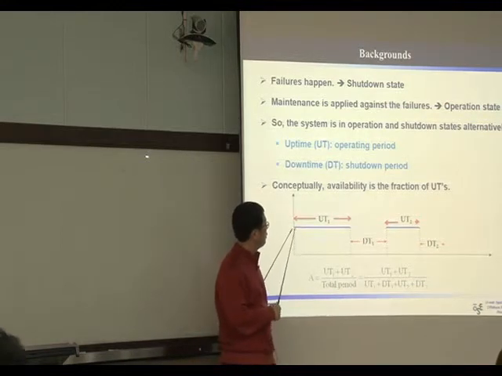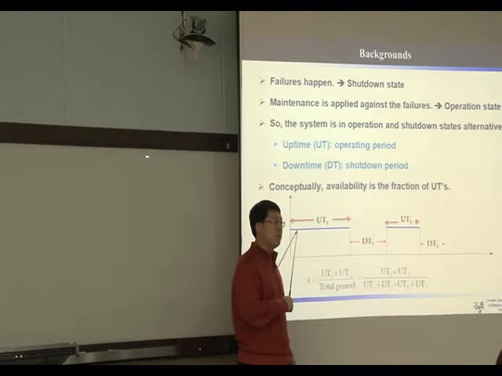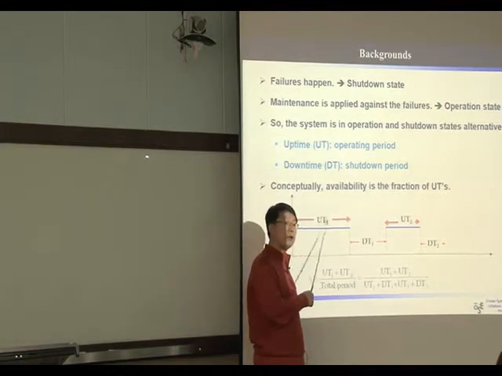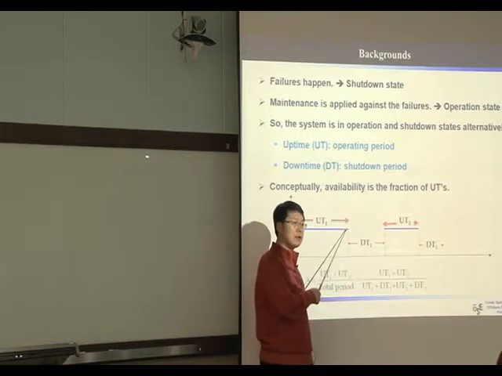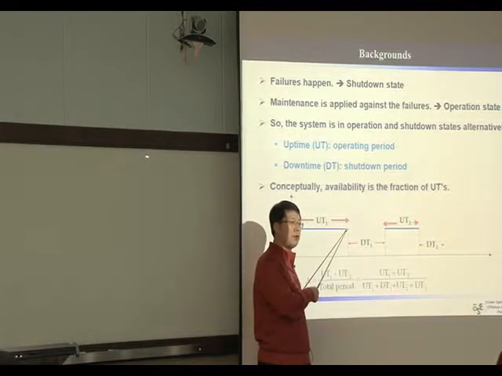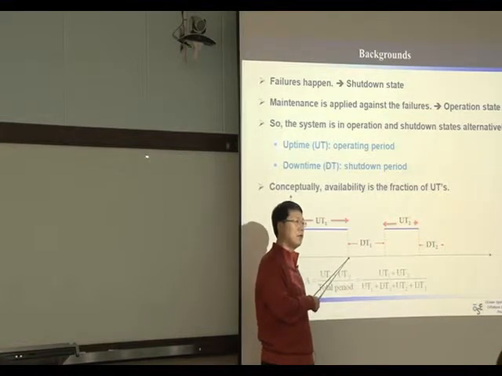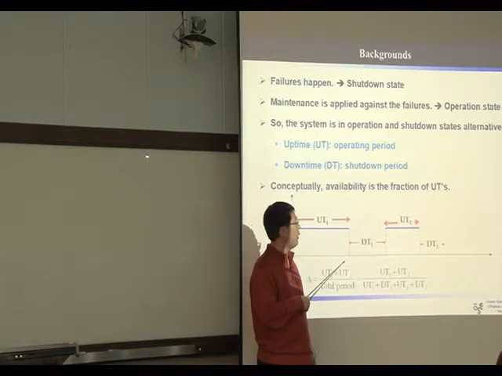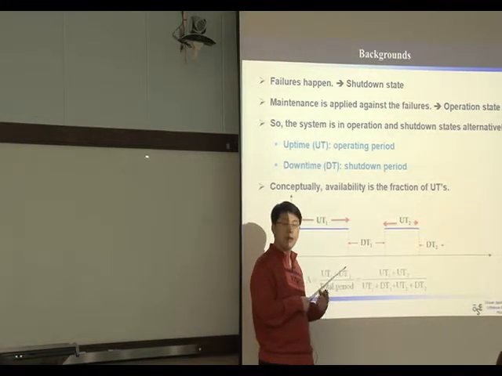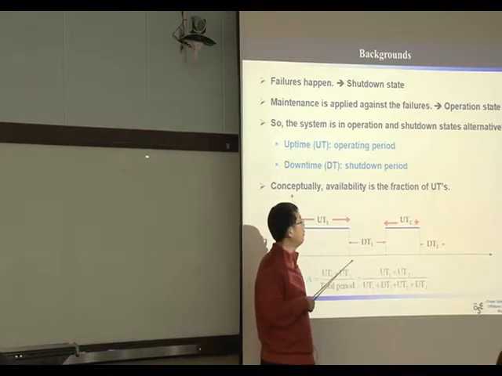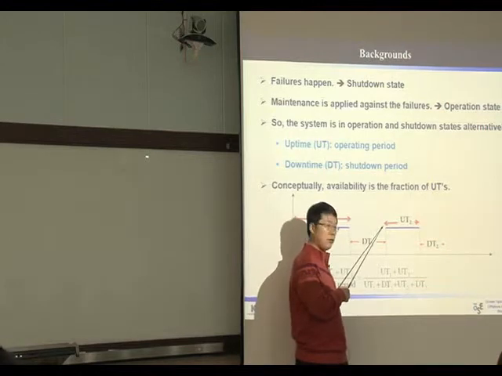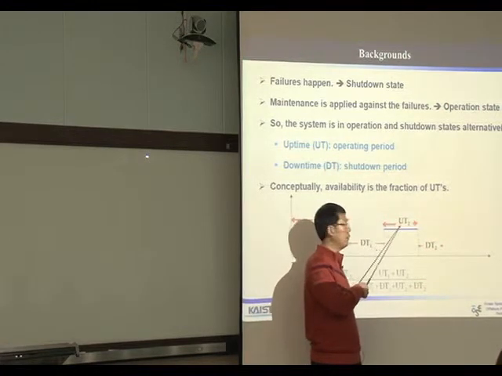In this figure, the plant is operating well for UT1. It had a failure of an item, so we need to shut down the plant. We call the maintenance engineers, and they fixed the failure. So the plant is restarted. Again, the plant is going well.